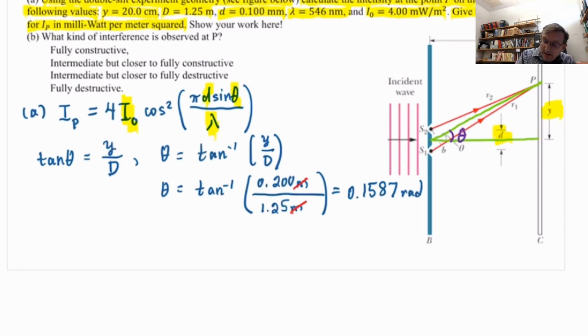Now we can use the intensity formula. I'm going to show all the numbers.